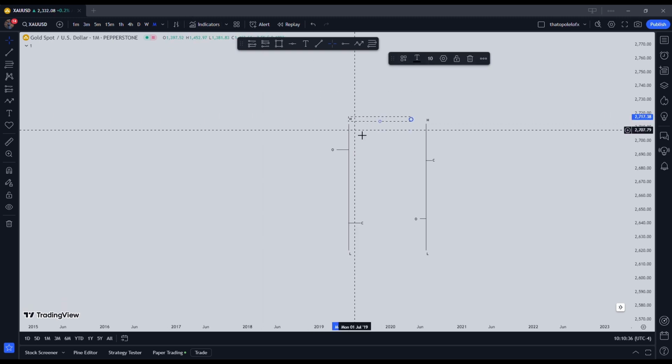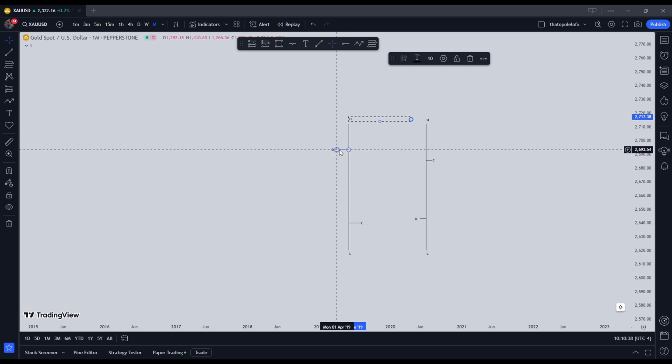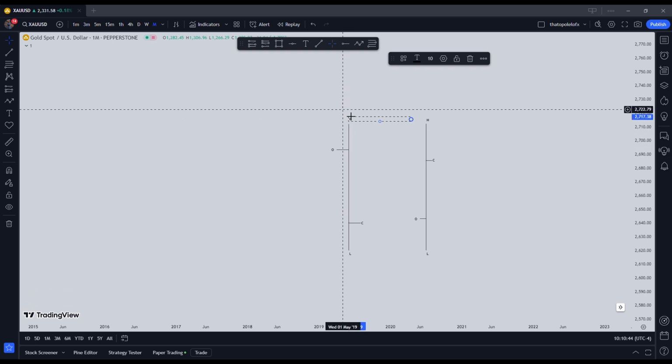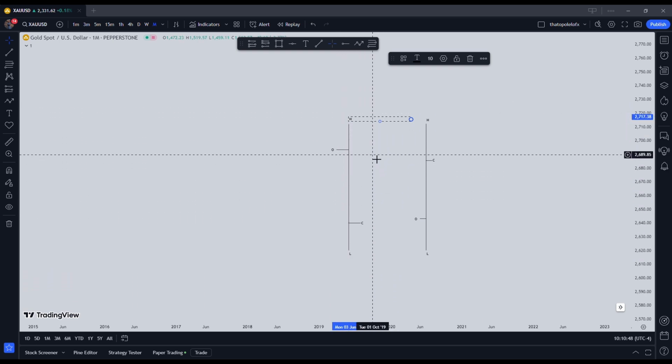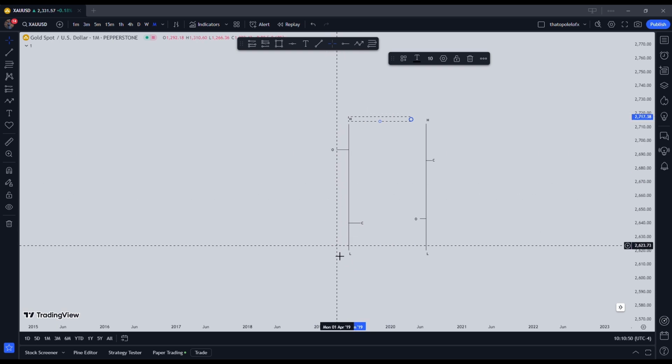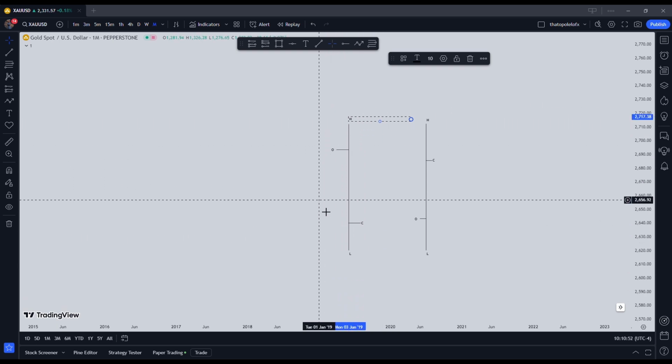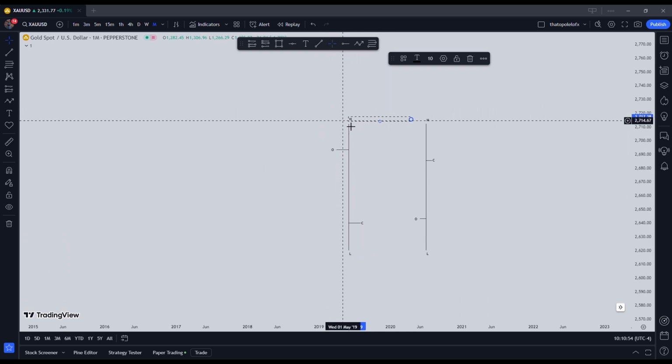The bar chart is particularly accurate because it shows specific price levels, and this right here is a bearish candle. This is a bearish candle as a bar, as it would look in a bar chart.